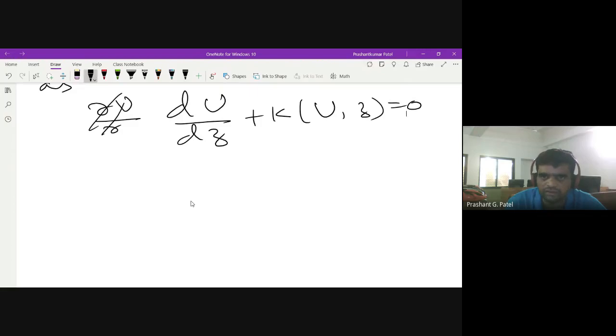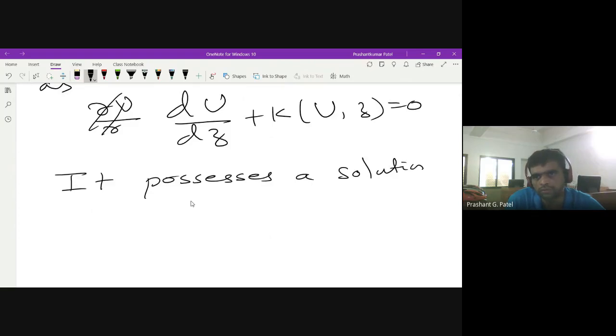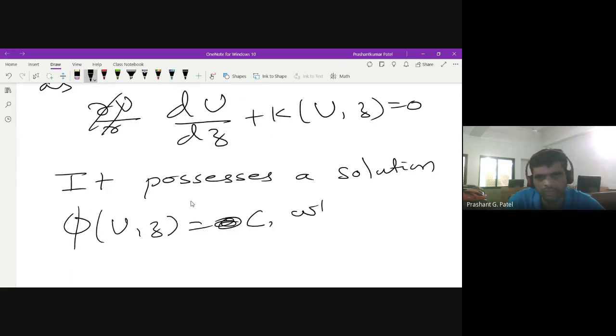So this is the first order differential equation, so it possesses a solution. Let's say phi of u, z is the solution for that, equal to some constant, where c is a constant.